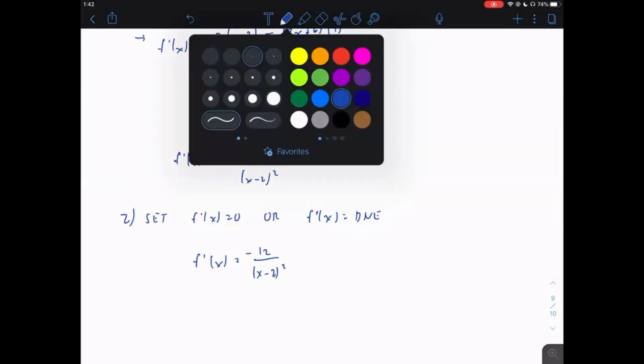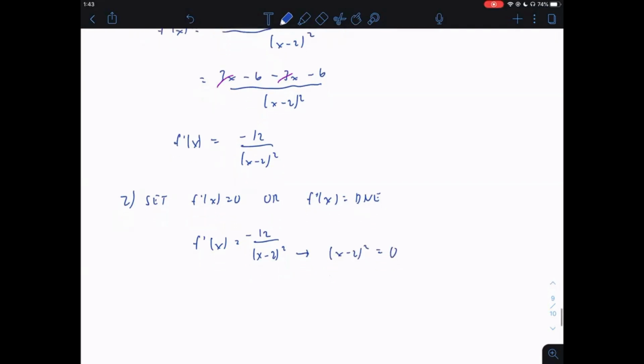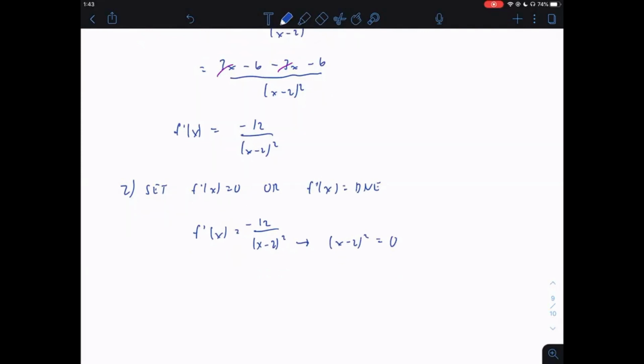So what we do now is take our denominator of (x minus 2) squared and set that equal to 0 to figure out where it will be undefined, because if the denominator is 0, the first derivative will not be defined.